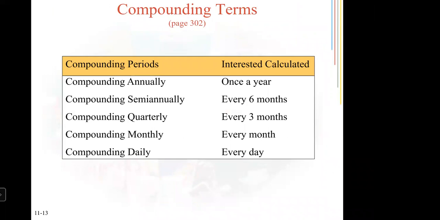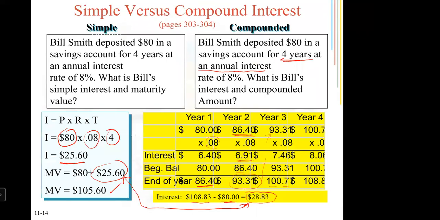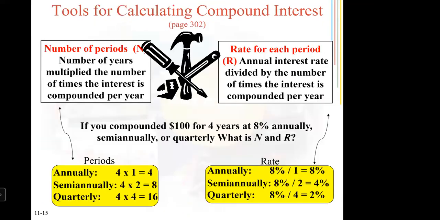It could be annual, semi-annual, quarterly, monthly, or even daily. But most times the interest is stated per annum. So when we are calculating the interest in a question, we have to be mindful of the fact that it is stated annually.